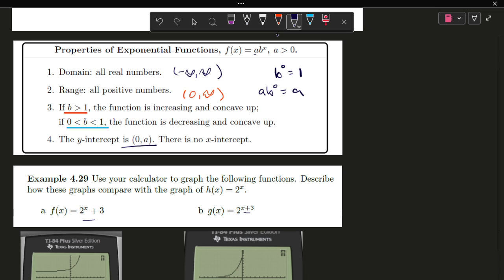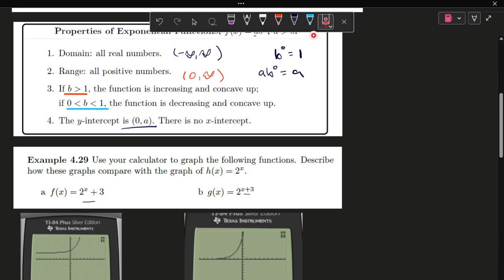So I put both of these in the graphing calculator for us to compare. On the plus 3 outside, it looks like a regular 2 to the x, but there's a big distance right here, so it looks like the graph moved up 3. And this one right here looks like our graph moved towards the left 3.